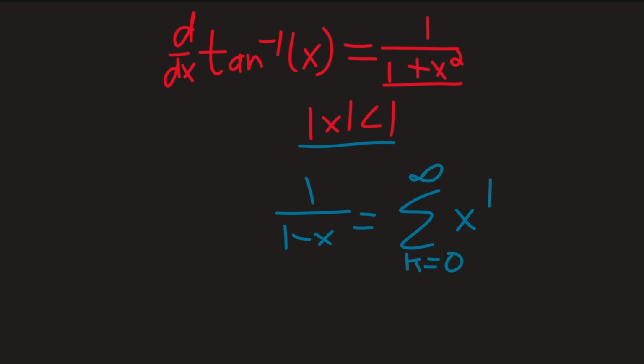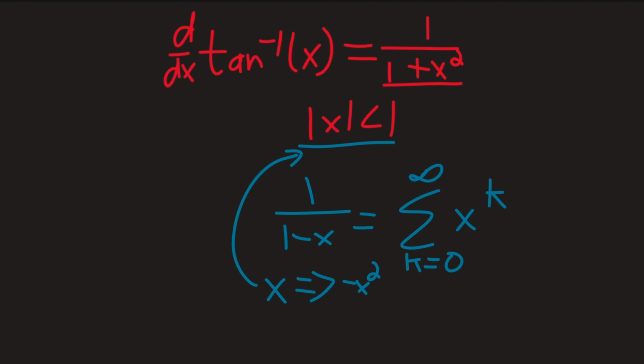So if we just sub in a minus x squared for x, this doesn't change this condition right here, and also this is going to be equally valid for x being a minus x squared.